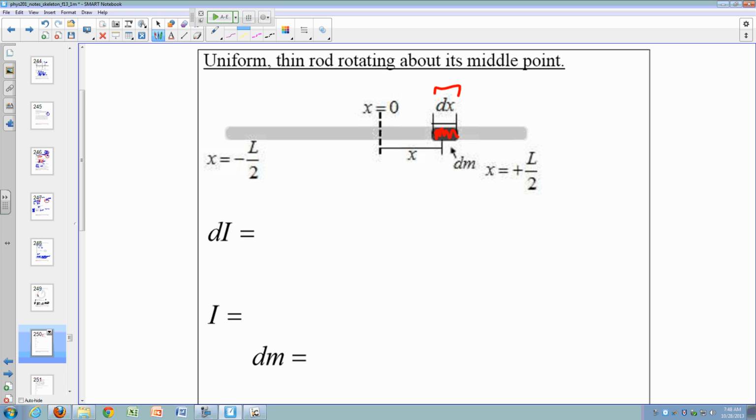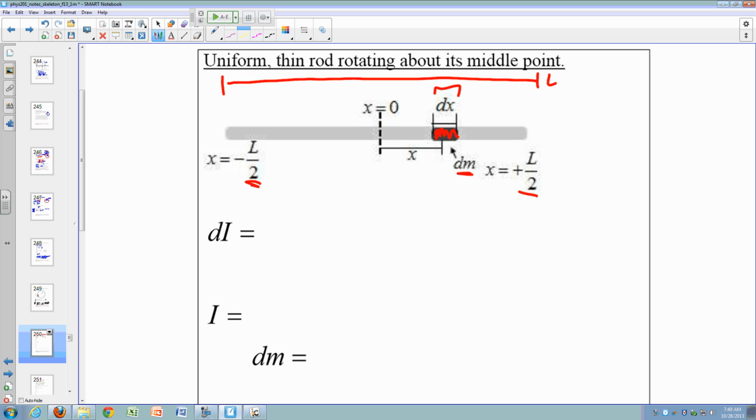I use dx because we're working along the x-axis. It also has a mass dm. The rod has a length L, and I let my length of the rod go from negative L over 2 to positive L over 2, which will give it a total length L. You could go from 0 to L, but I think it's easier doing it this way.